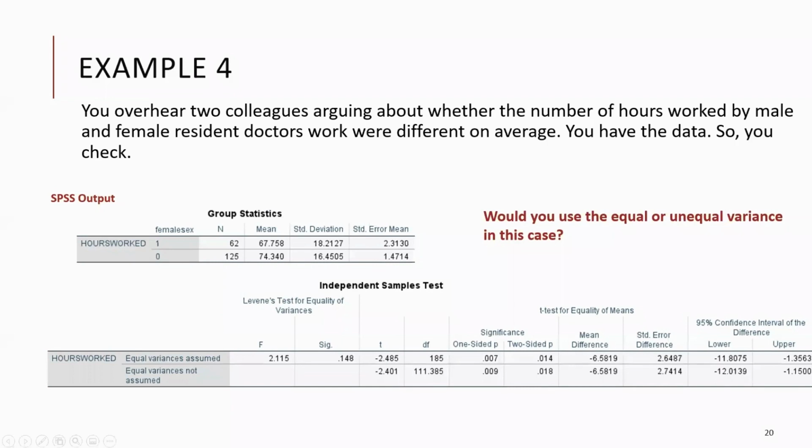As usual, the null hypothesis will be there's no difference in the mean, meaning 0, while our alternative will be anything but 0. If we look at the mean difference, there is a negative value, negative because we're saying female minus male, and we end up with negative 6.58, which is different from 0.